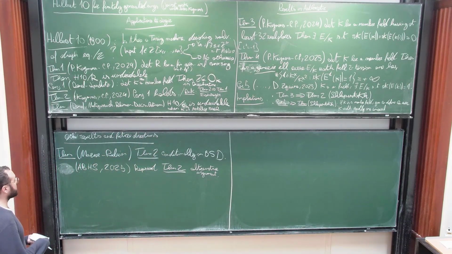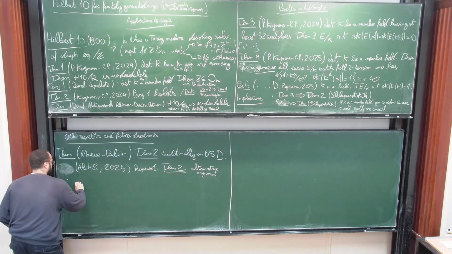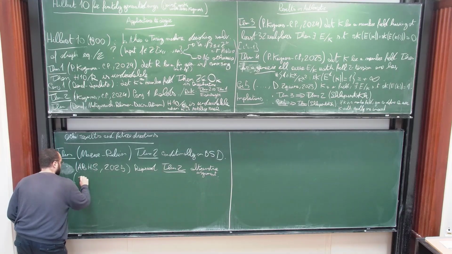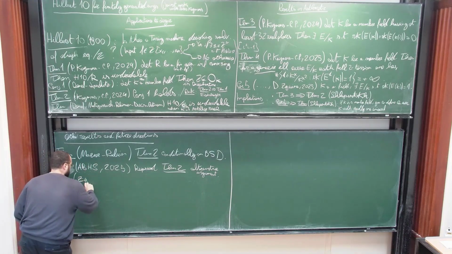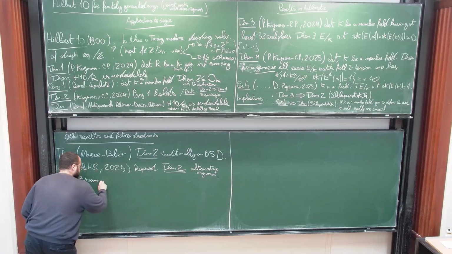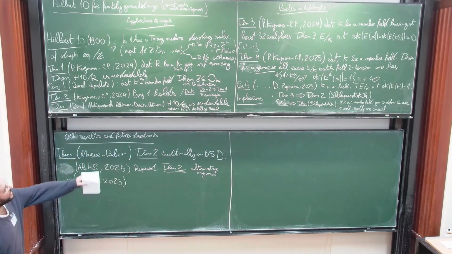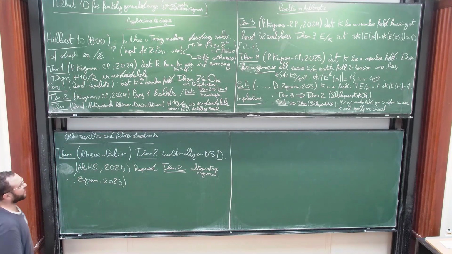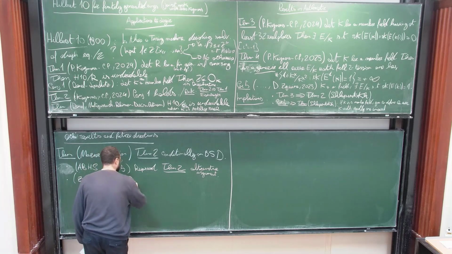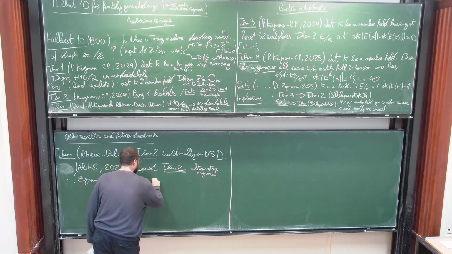Then there is the work of Zivina that I already mentioned, but let me mention that Zivina has on his webpage some exciting further work proving an analog of corollary 5 for ranks equal 2, 3, and 4.